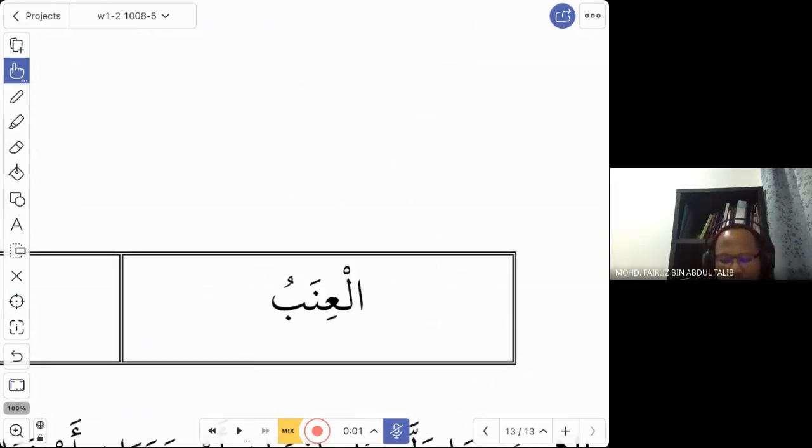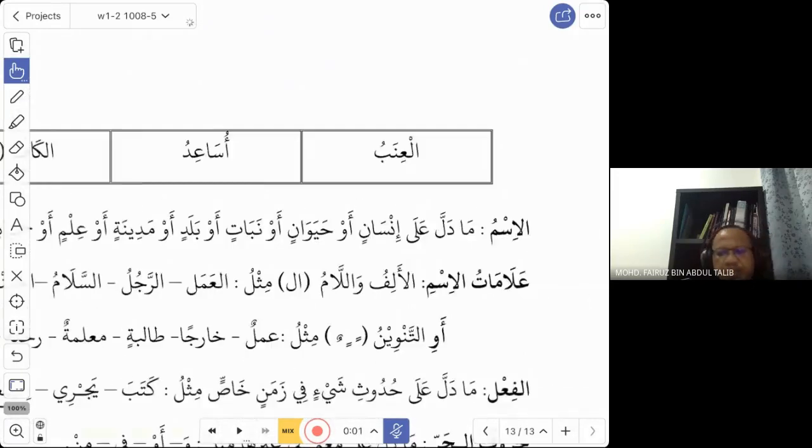Okay, good. So now, let us look at a quick definition of isim. This is not important for you, yeah? This is just for you to better understand what is an isim. So of course, isim is a word that refers to a human, an object, anything.